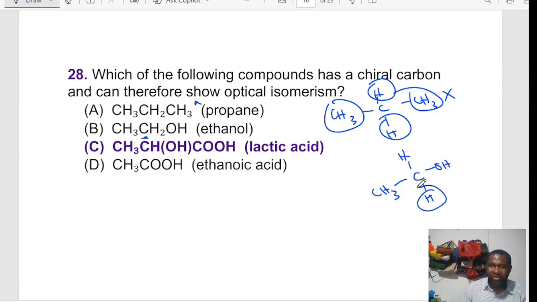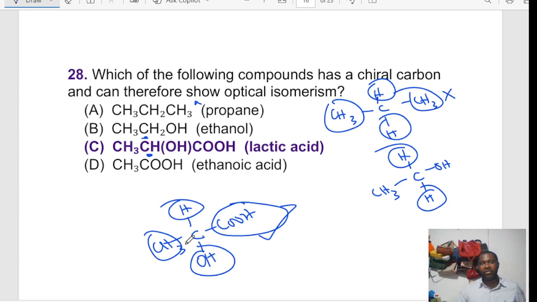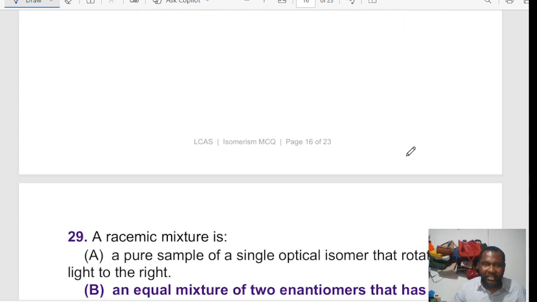It would not work because of hydrogen repetition. Now let's look at this one. This carbon has hydrogen. It has OH, it has COOH, and here it has CH3. Yeah, correct. Because different groups are attached to a central carbon, a chiral carbon. I believe that makes sense.